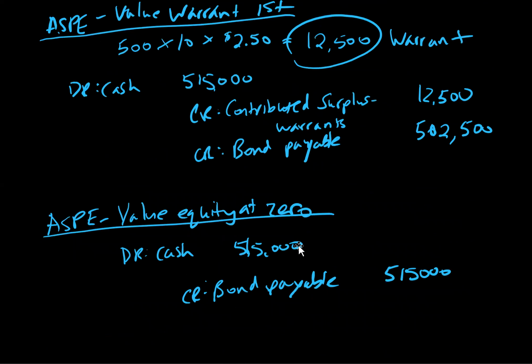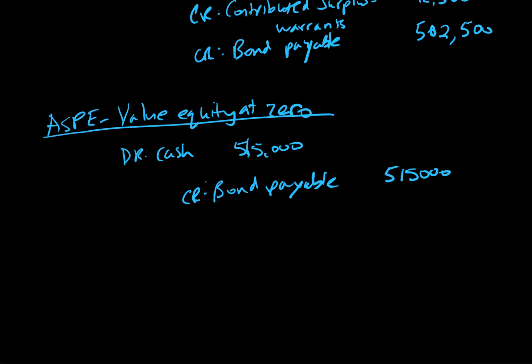So here you can see that we have a premium at $15,000 because this is a $500,000 bond, or the bond at par would be $500,000, I should say. So when we record, this is going to be part 2, bond conversion, ASPI.